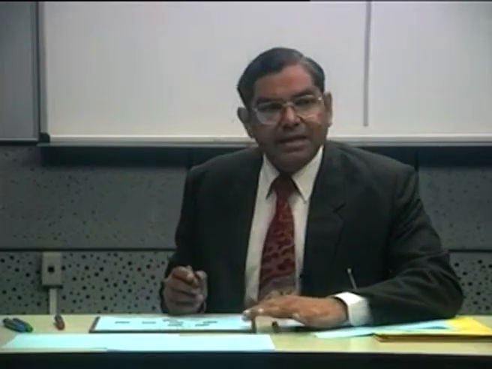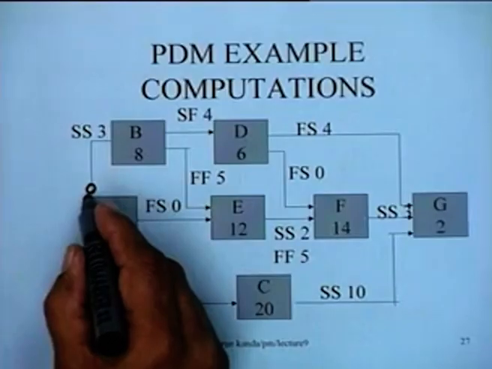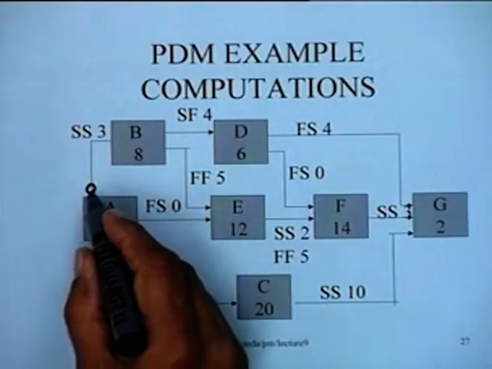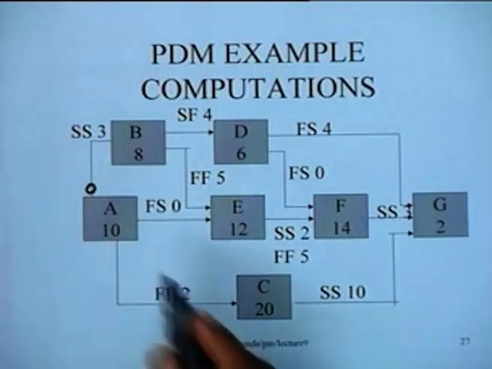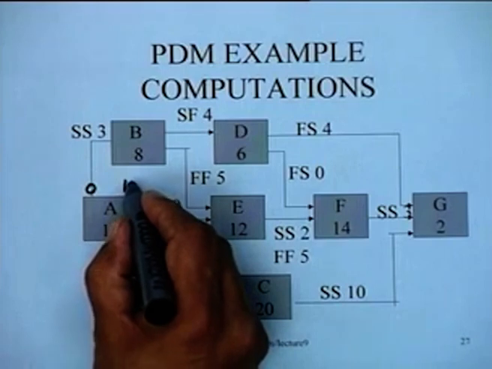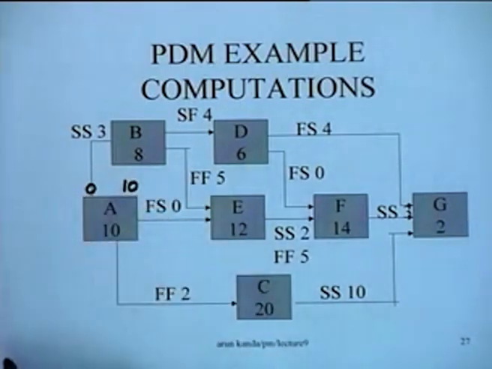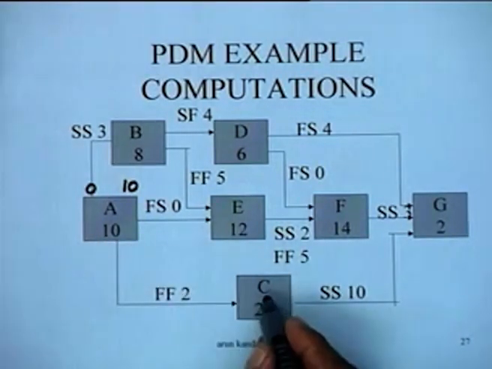A is the starting activity, so the early start for this activity is 0. I'm putting them on the left hand corner of each box. This is the early start of the activity. Obviously the early finish of this activity is going to be 0 plus 10, which is 10. Now notice something interesting. Let's look at activity C to begin with.